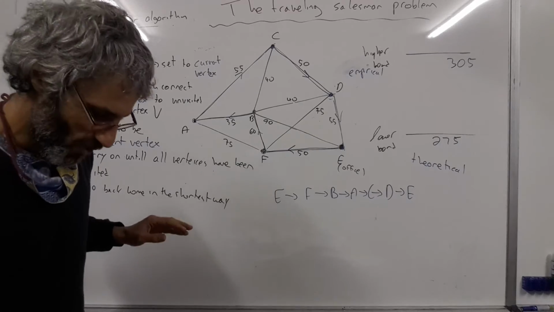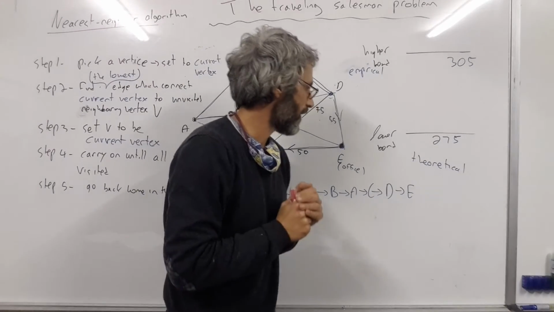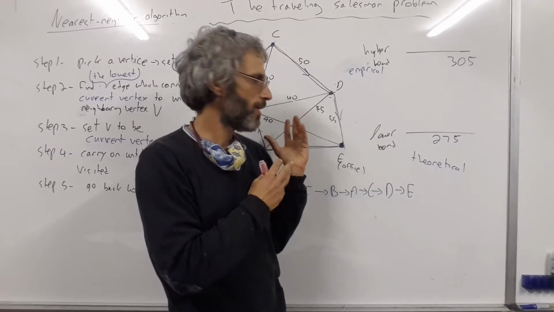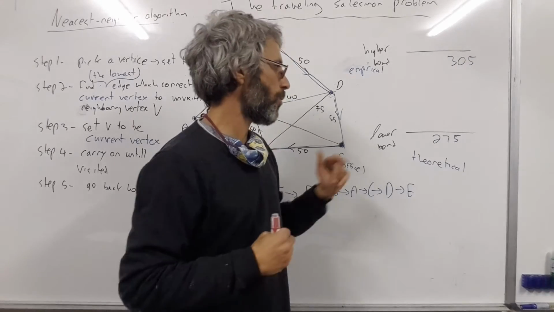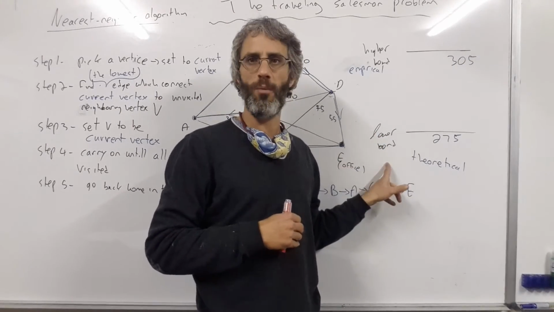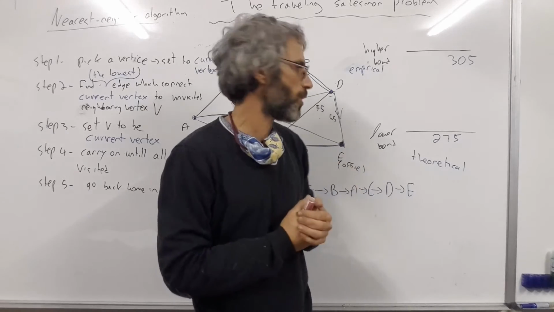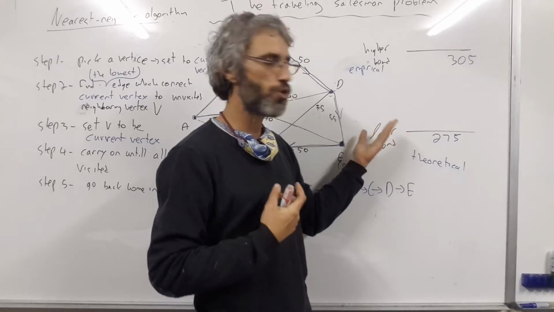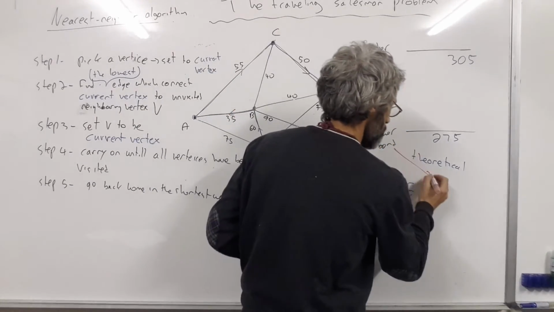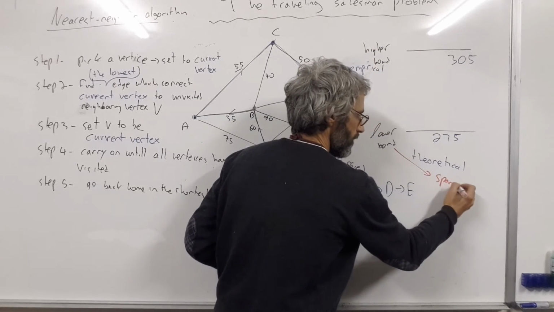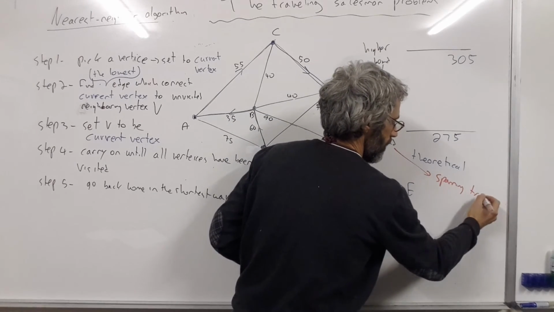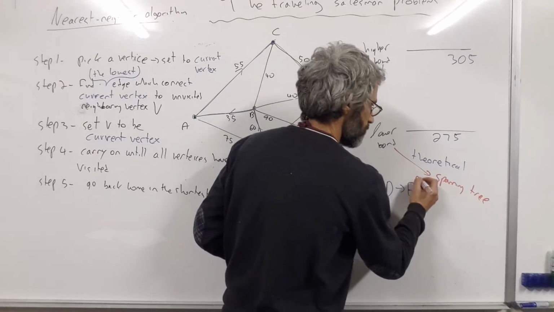All right. So let's just recap what we've done. Okay, we had the problem. First of all, we're trying to find the theoretical lower bound, the smallest possible solution that we can have, not guaranteed. We use a spanning tree. Let's write it down. So we use the minimum spanning tree.